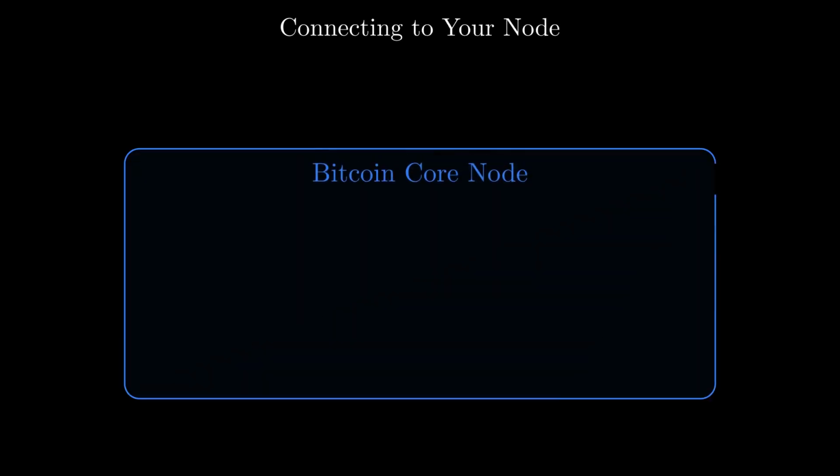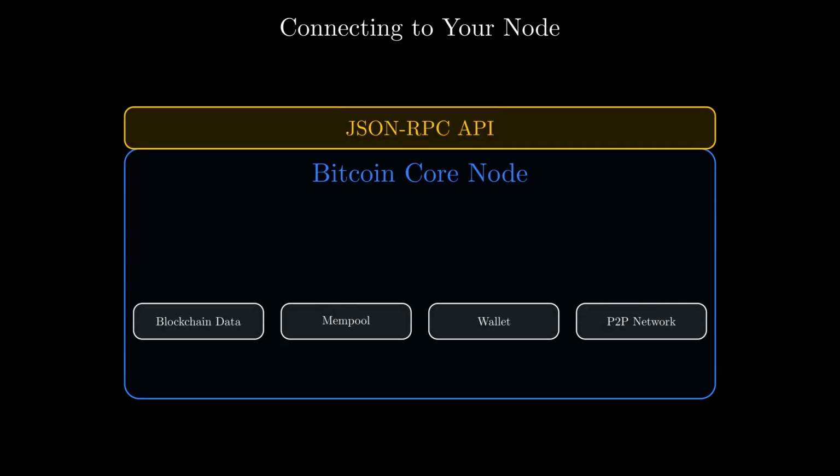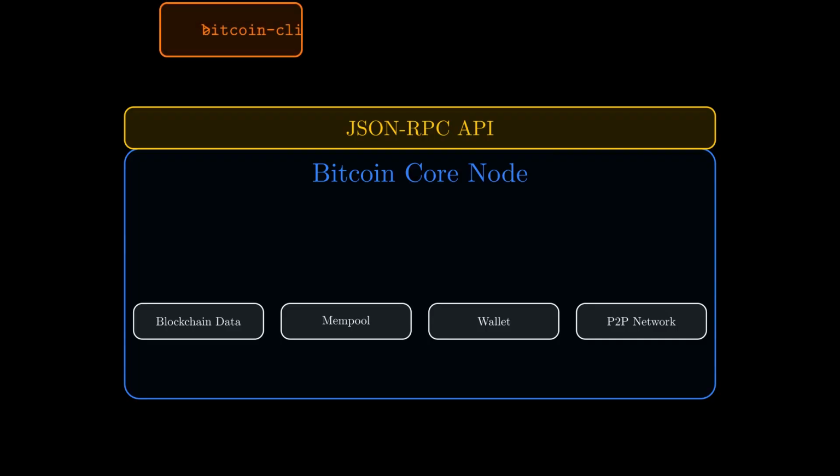Let's start with the basics, connecting to your node. Bitcoin Core exposes an API through a protocol called JSON-RPC, right? A standardized way to send commands and receive structured responses. Think of it as a language for talking to your node programmatically. The tool bitcoin-cli is your command line interface to the API.